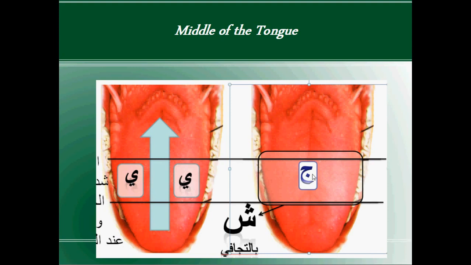So if you have a ya with a fatha, or ya with a kasra, or ya with a dhamma, or ya with a double dhamma, double kasra, double fatha, all of these are pronounced from the middle of the tongue going up and hitting the top of the mouth. Example, ay, or for jim, aj, for sheen, ash.